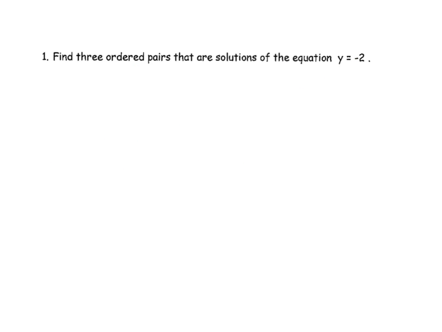So let's go to number 1. 5, comma, you just pick whatever number. Number 1, find 3 ordered pairs that are solutions of y equals negative 2. That means that my y will always be negative 2. We just talked about that in the journal. So you have to pick 3 ordered pairs and you make them up in your head, but it has to follow the rule y equals negative 2.